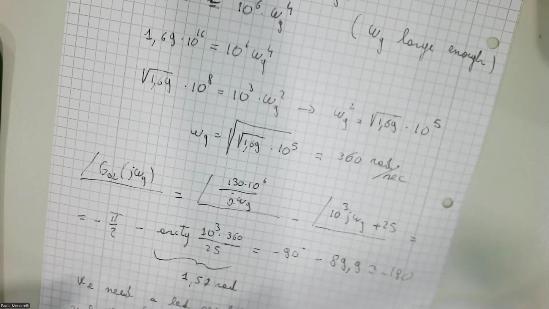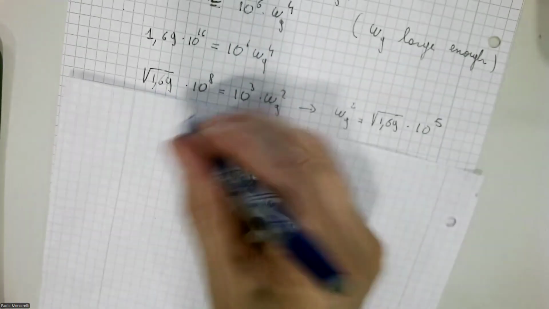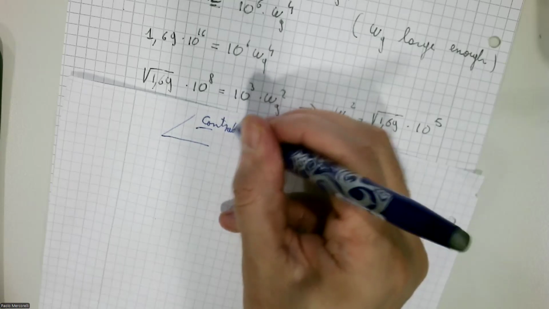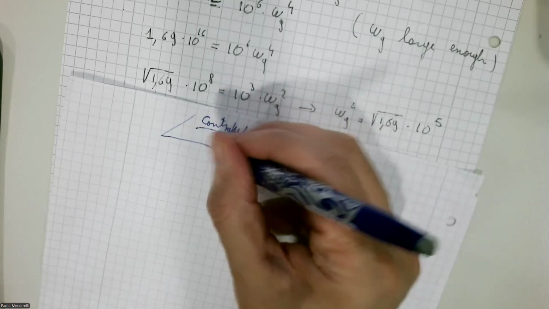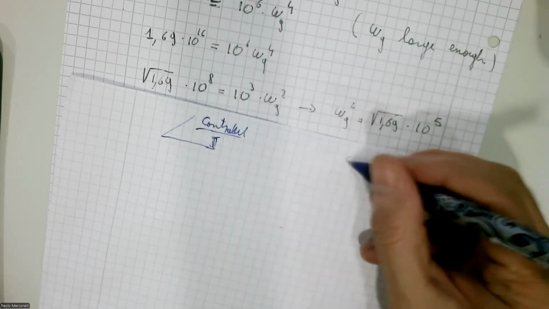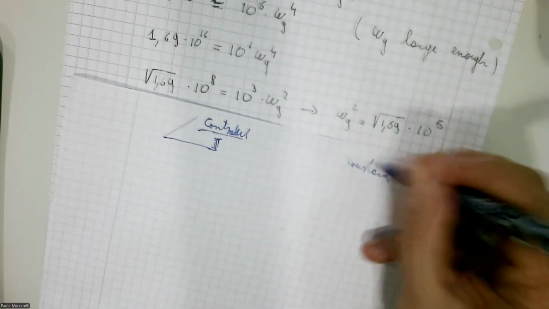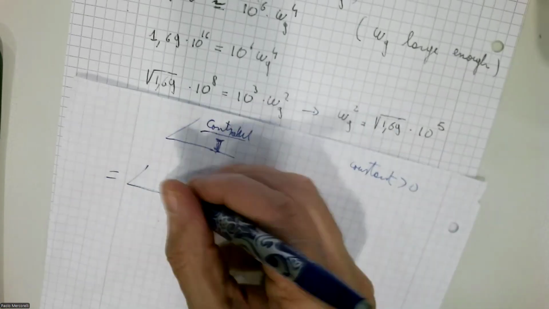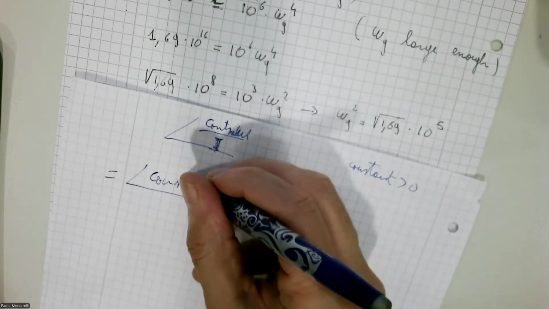I show you, please pay attention. A constant, but positive, divided by j. It doesn't matter which kind of constant. Do you remember now? I don't have time to demonstrate this.